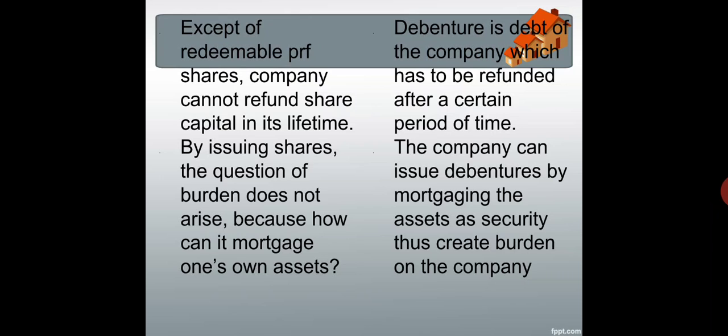Means they have a right to appoint directors and auditors. In preference shares, holders do not have a right to elect directors and auditors of the company.